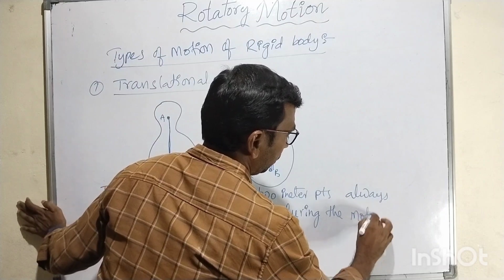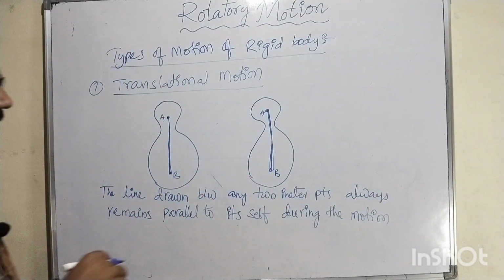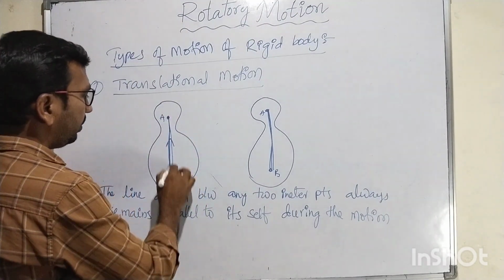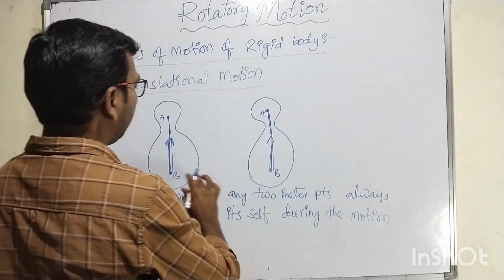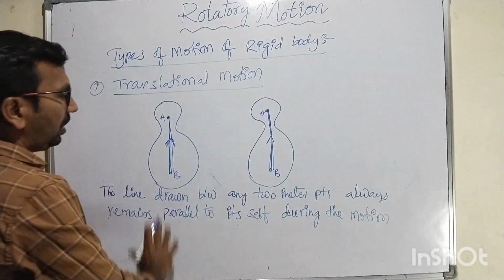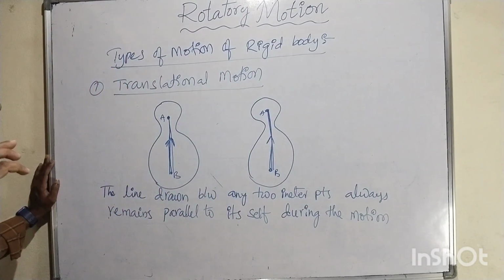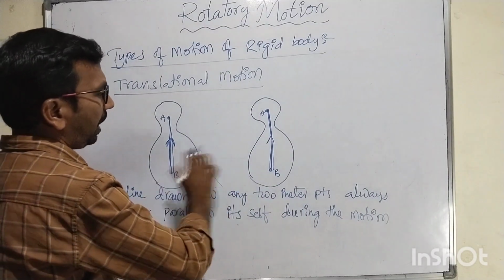During the motion, the line drawn between any two internal points, this line A and B, remains always parallel to itself.